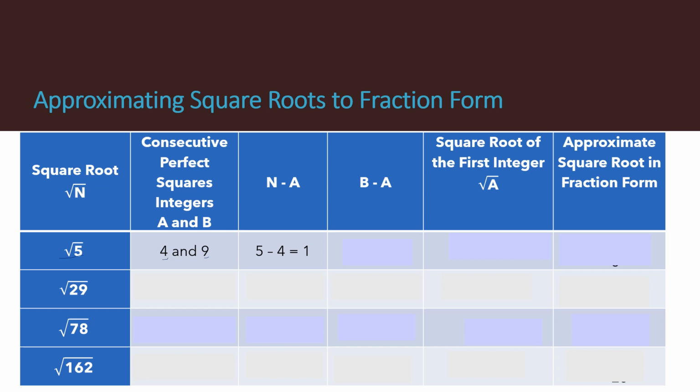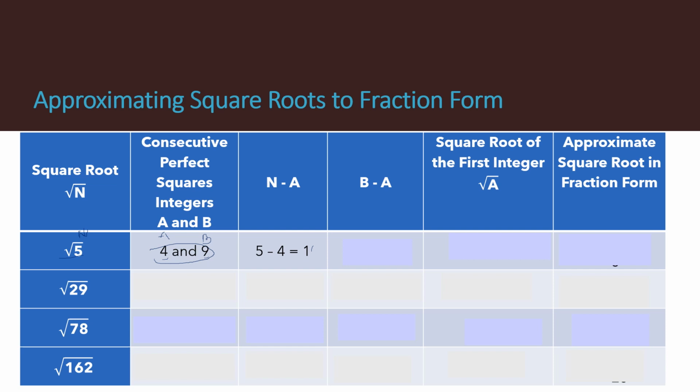So 4 here is our A, 9 is our B, and 5 here is our N. Do not be confused. That is N, A, and B. When we subtract N minus A, 5 minus 4 is equal to 1. After that, we subtract the value of B minus A, the difference between these two numbers.